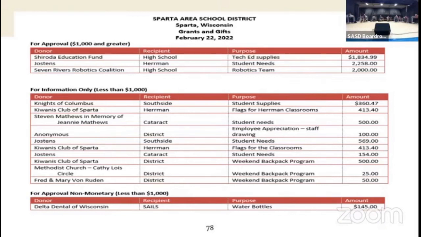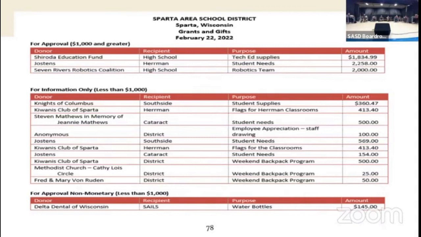Kiwanis Club of Sparta donated $413.40 to Herman for flags for the classroom. Jostens donated $154 to Cataract for student needs. The Kiwanis Club of Sparta donated $500 to the weekend backpack program at the district level.